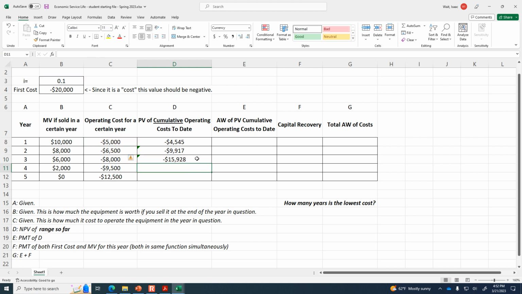Now I think I can drag it down the rest of the way. And, oh, maybe not. I didn't anchor the interest rate. Now I can drag it down. So for the last one, for example, it's looking at the interest rate of 10%, and then it's taking all of these individual annual operating costs and taking them all to time 0.